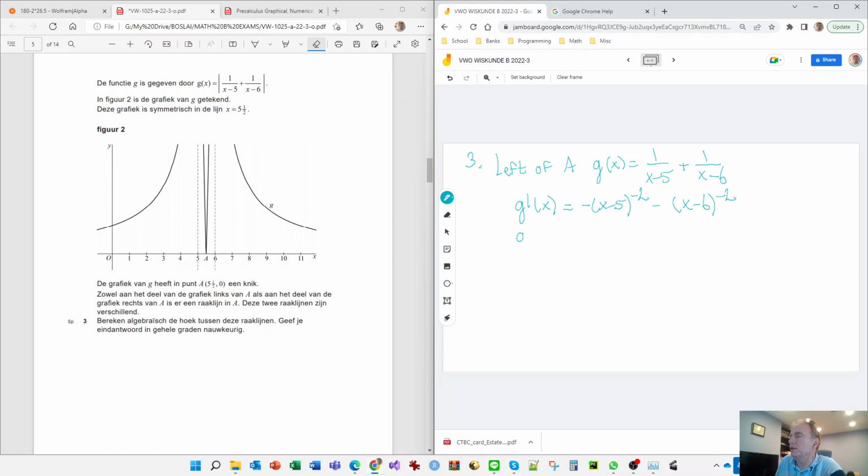And in particular, at 5.5, we get minus 1 divided by (5.5 minus 5) squared, which is 1 over 2 squared, minus 1 divided by 1/2 squared.